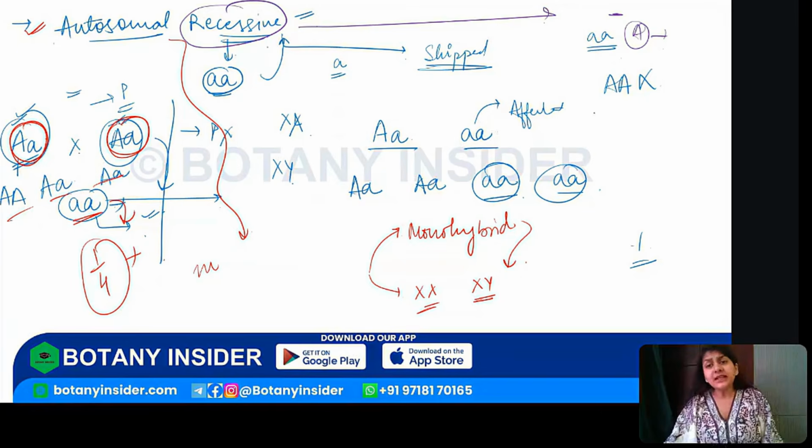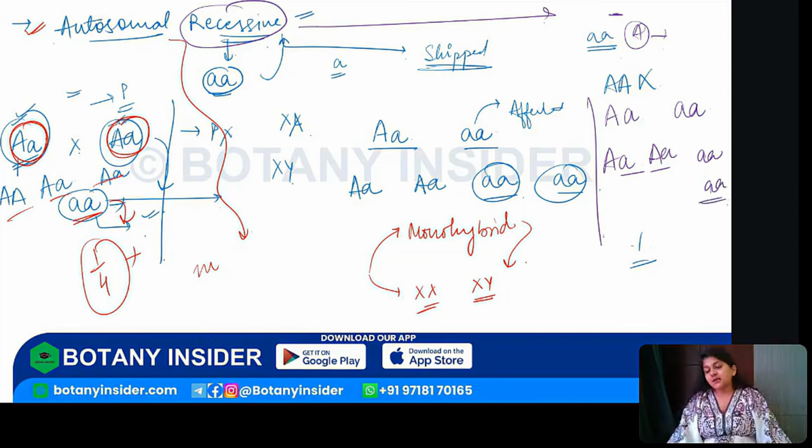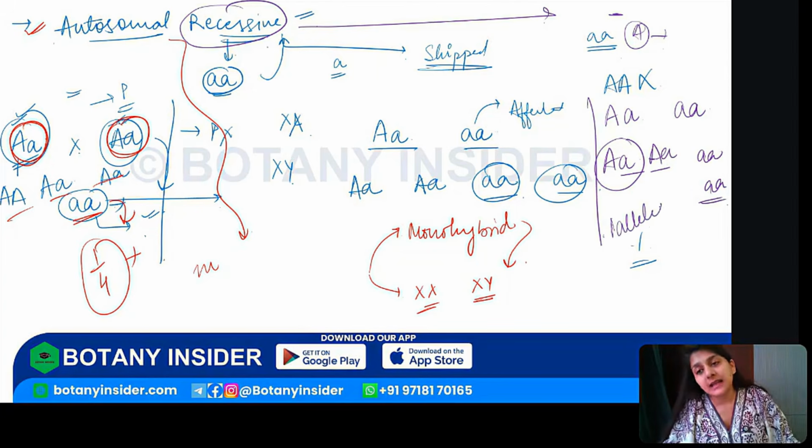So in my autosomal dominant scenario, if the situation is capital A small a and small a, in this scenario also you'll get to see the trait being expressed, right? Because for a dominant character to be showcased in any generation, one single allele is enough, right?